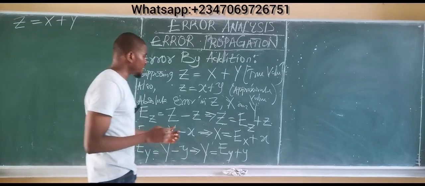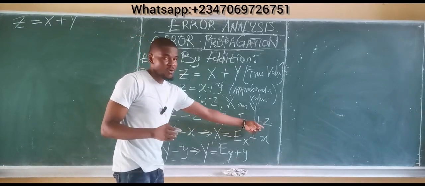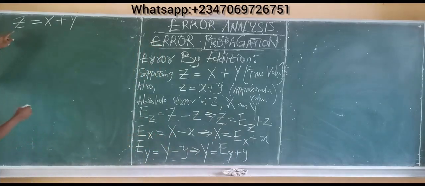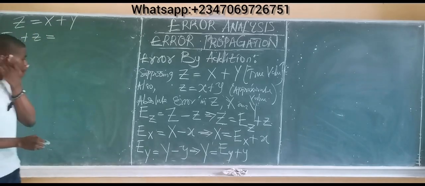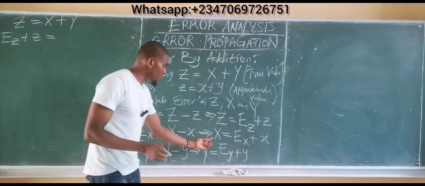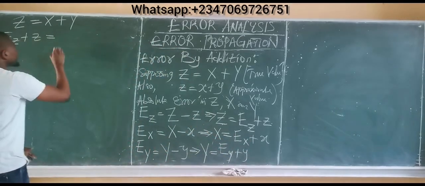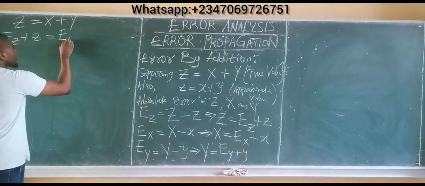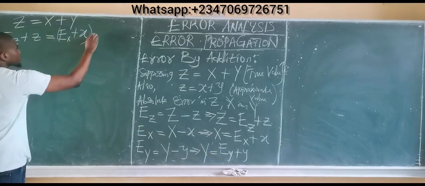But we obtain, in terms of error, our true value for Z as EZ plus small z. So in place of Z, we have the true value to be the error in Z plus the approximate value of Z, and this is equal to capital X, the true value of X. We obtain the true value of X as error in X plus the approximate value of X, so EX plus small x.